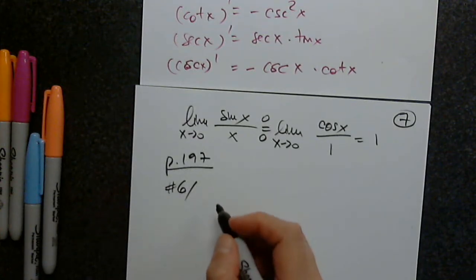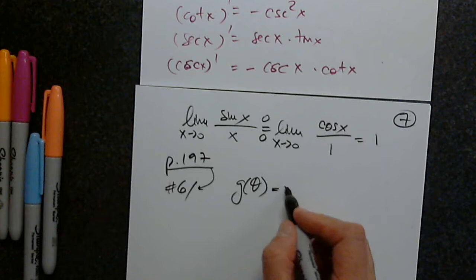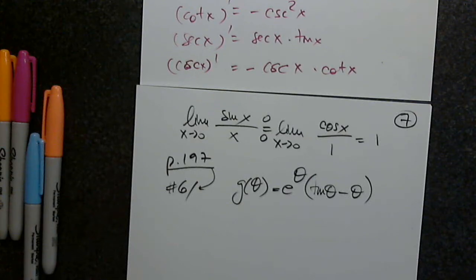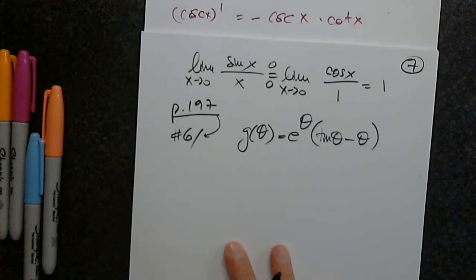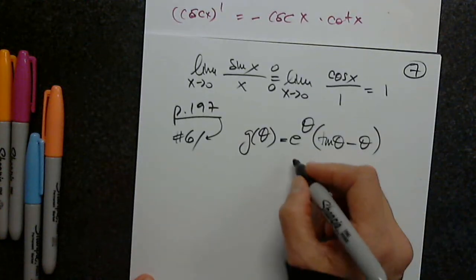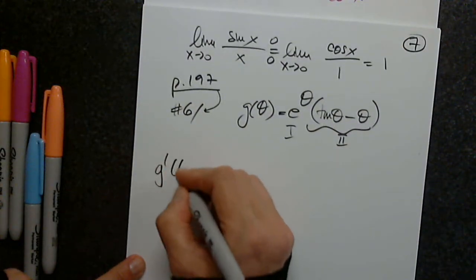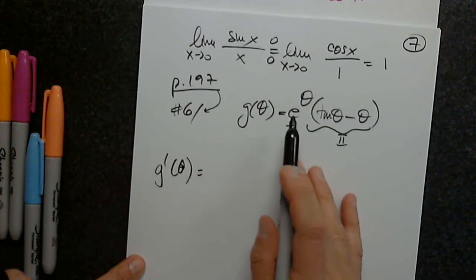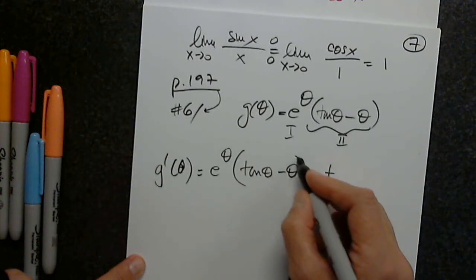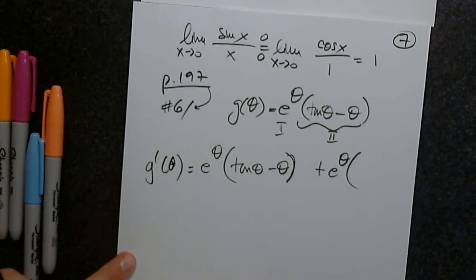So problem 6, again on 197. That is g of theta equals e raised to theta times tangent theta minus theta. We have to treat it as a product rule. You can distribute, but then you have two different products. It doesn't matter. So this is function 1, and this is function 2. So g prime of theta will be the first function prime, which is e to theta, times the second function, plus the first function times the second function prime.